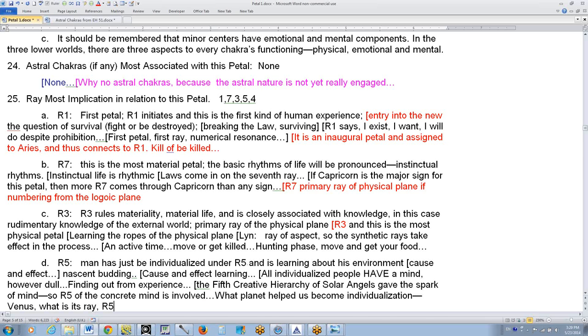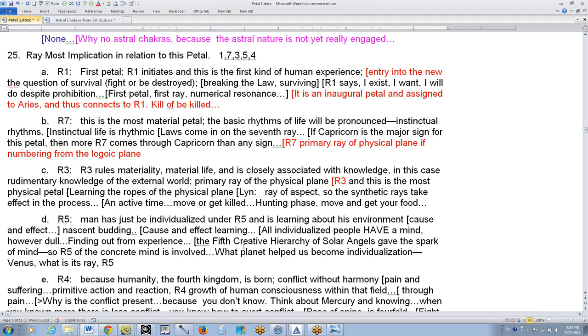What about ray 5? Well, man has just been individualized under ray 5. The stimulation of the mental unit, the coming in of the sons of mind, the fifth creative hierarchy of solar angels extending themselves into animal man, or fanning the mental unit which controls the vehicle which brings in the fifth principle.